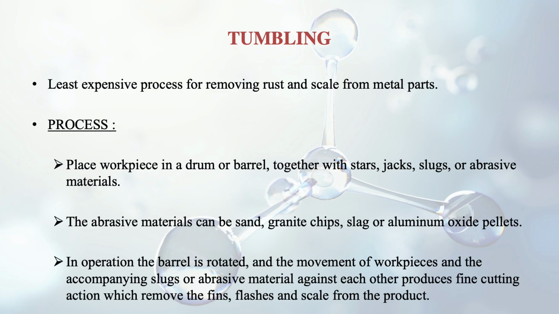And in this operation, the barrel will be rotated, and thus there will be movement of the workpieces, and surrounding that slugs or the abrasive materials which we place together will strike it and further remove the impurities from the surface of the workpiece. So this cutting action is there in this case, and it removes the flashes or the fins or scale from the workpiece.